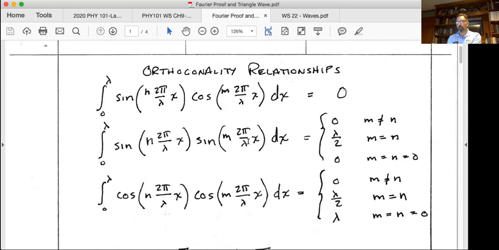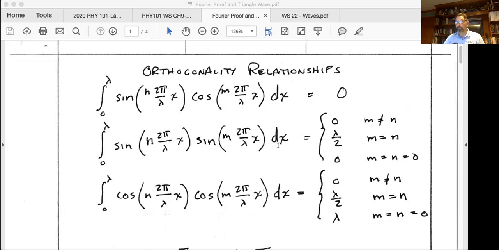It's a mouthful of a word, orthogonality, but it just means this. If I integrate a sine times a cosine, I don't care which harmonic of the sine and which harmonic of the cosine, it integrates to zero every time. There's probably an elegant mathematical proof of that someplace that I just don't care about, but it's true, and I've learned it as a rule. Sine times a cosine is always zero.